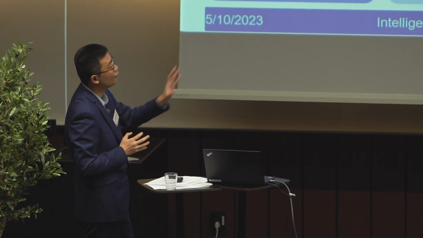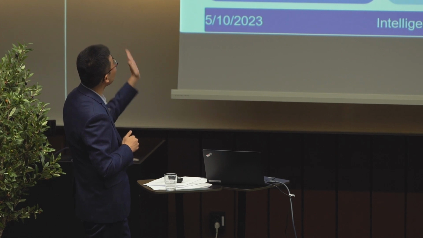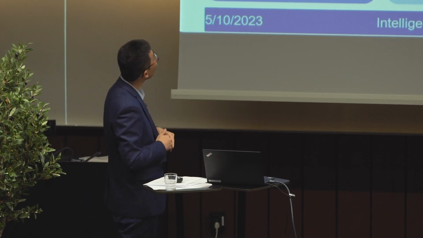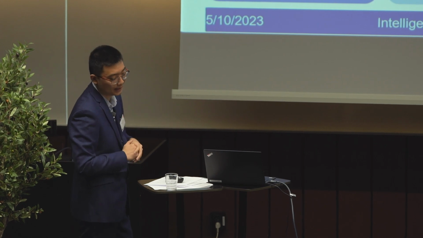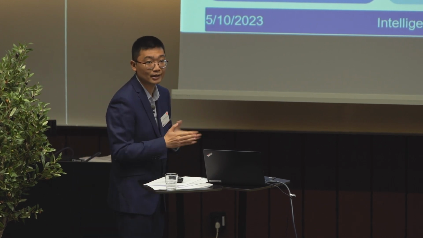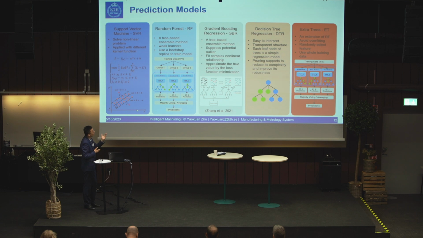But among these 5 models, except the support vector machine algorithm, the other 4 algorithms are decision tree based or decision tree related, which means they are constructed based on the decision tree algorithm.